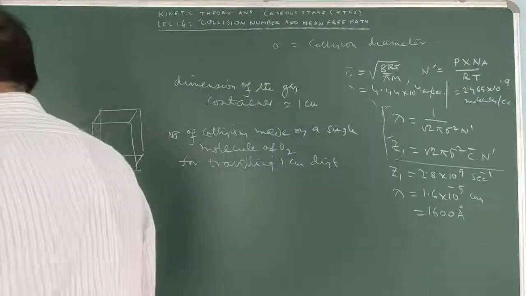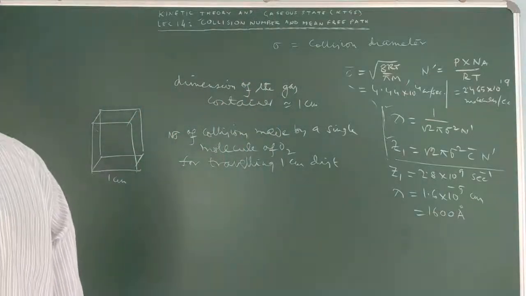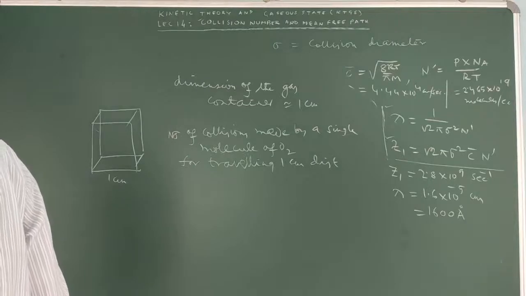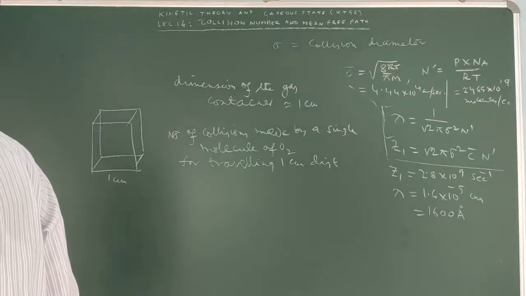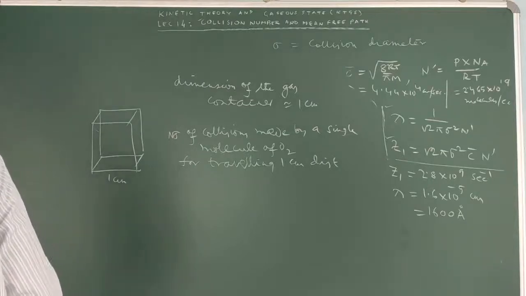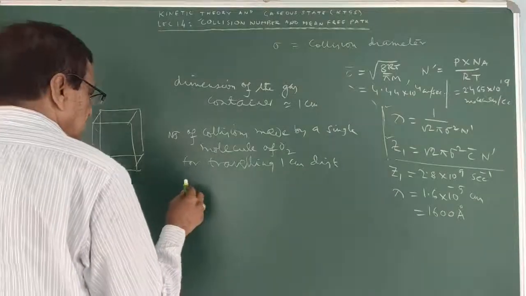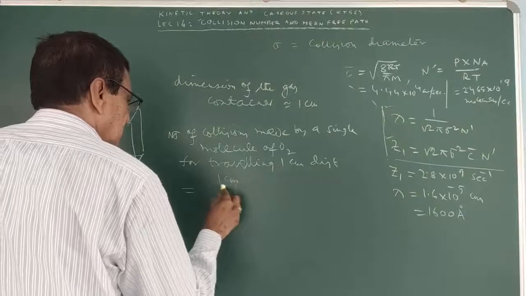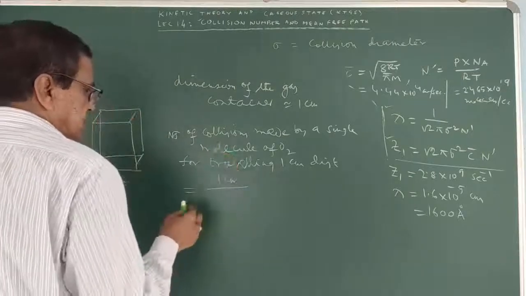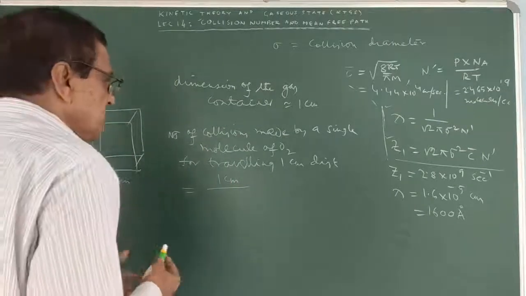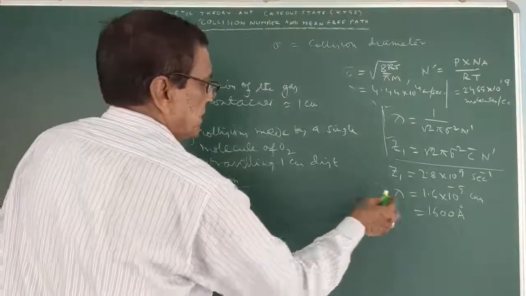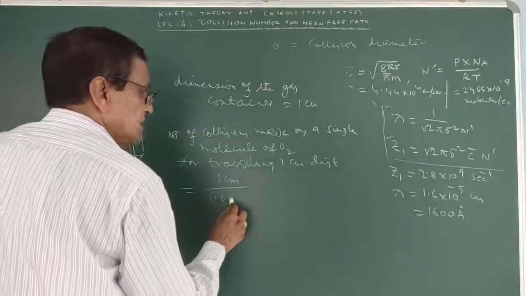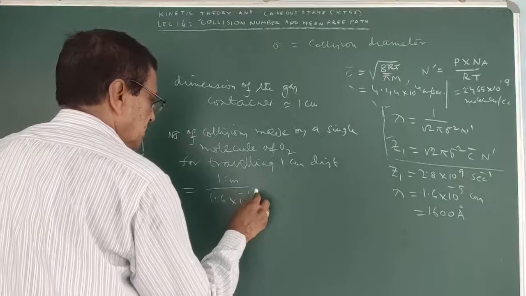How many collisions will there be? The number of collisions made by the molecule before reaching this wall will be equal to 1 centimeter divided by the mean free path, 1.6 into 10 to the power minus 5.